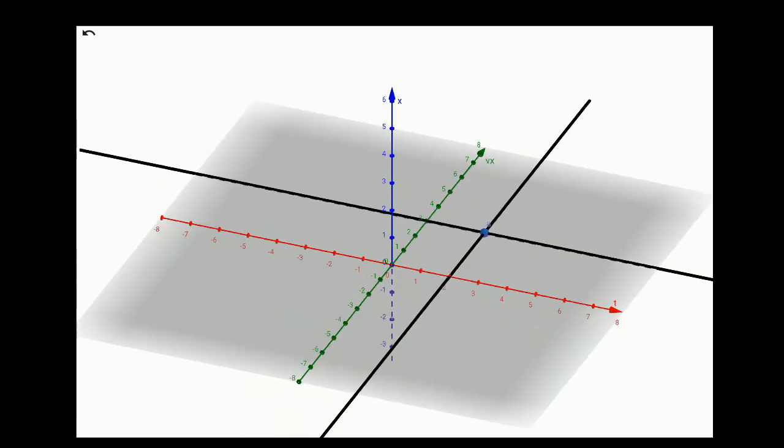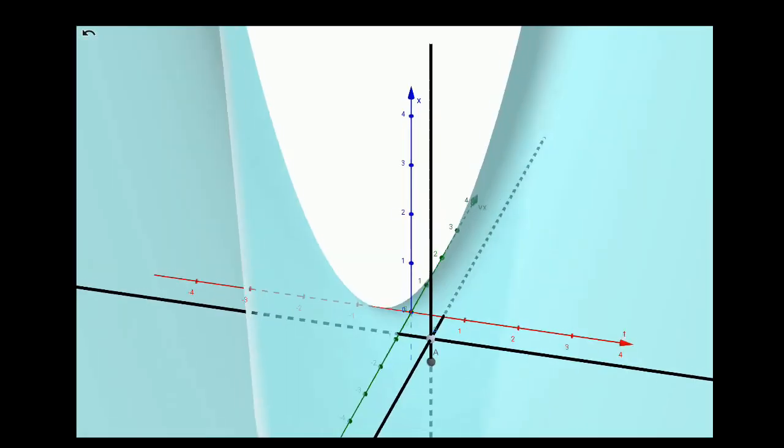So for example, if we pick this point here, where t is equal to 2 and vx is equal to 3, then we would like the surface height above this point A to be 2 times 3, which is 6.